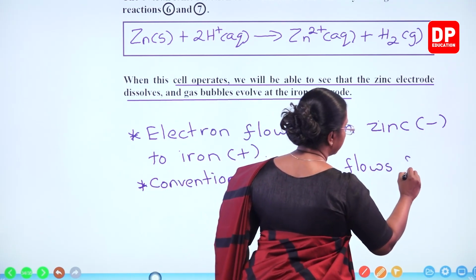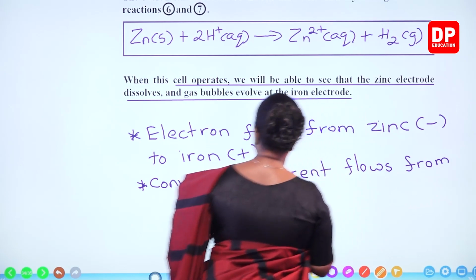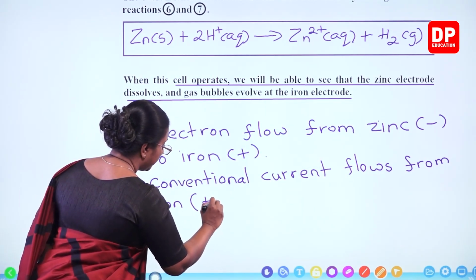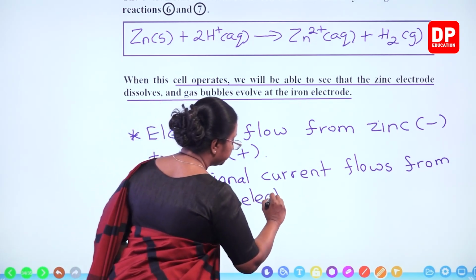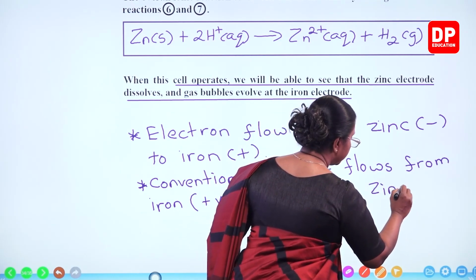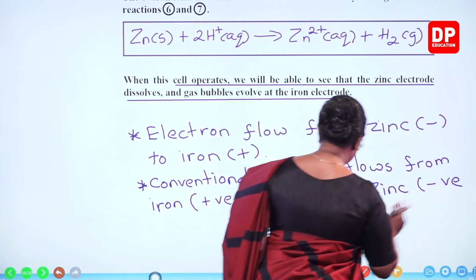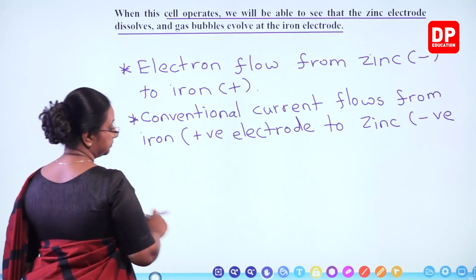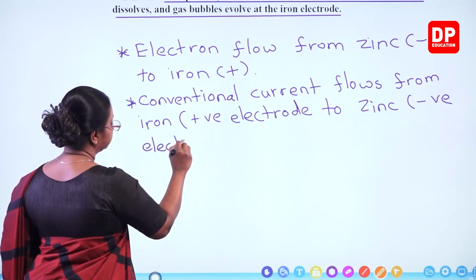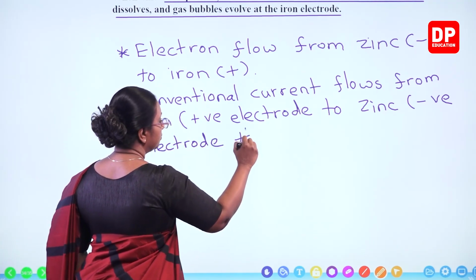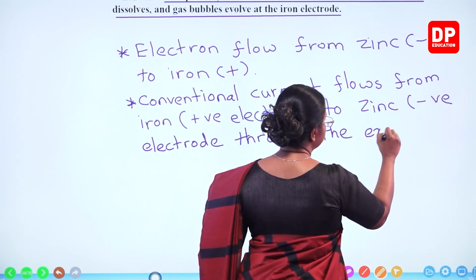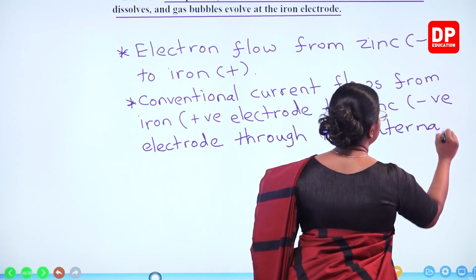flows from iron, positive electrode, to zinc, that is the negative electrode, through the external circuit.